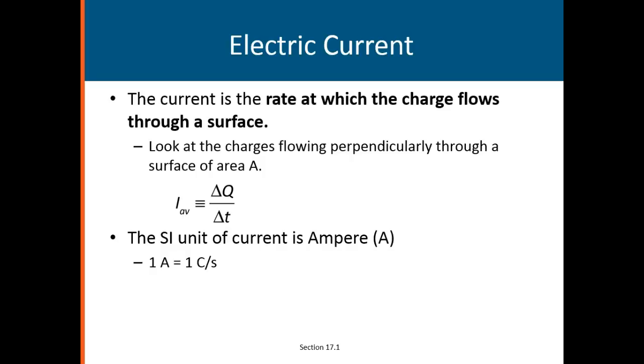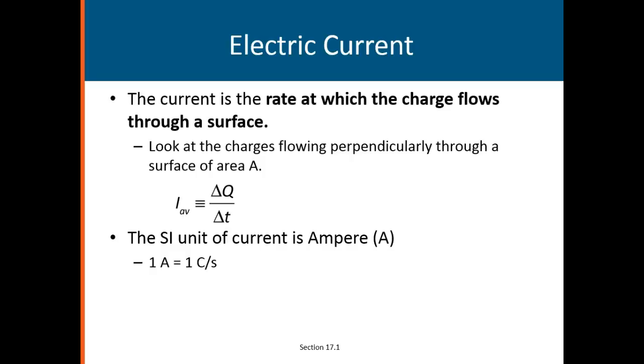How many charges are crossing that imaginary surface in a given time, per second, say? So look at the charges flowing perpendicularly through a surface of area A, and the average current would be the change of charge over the change of time, sort of dQ/dt.